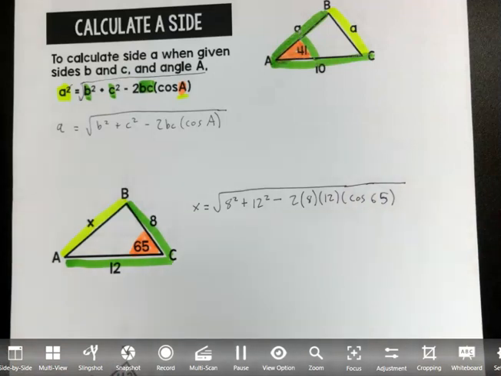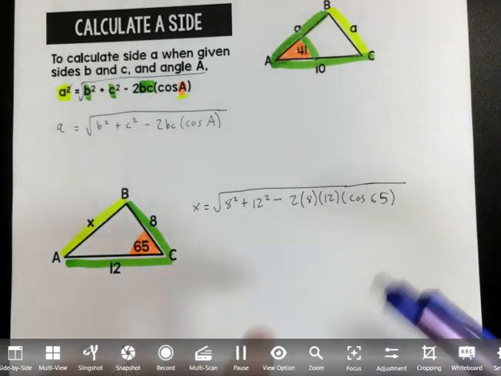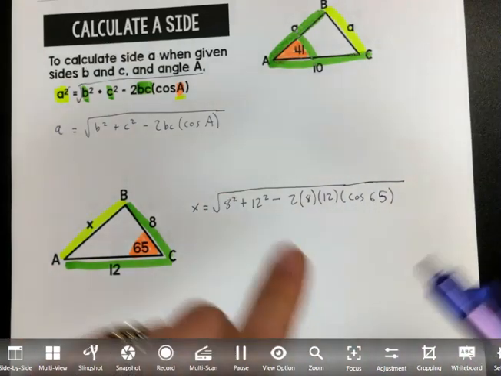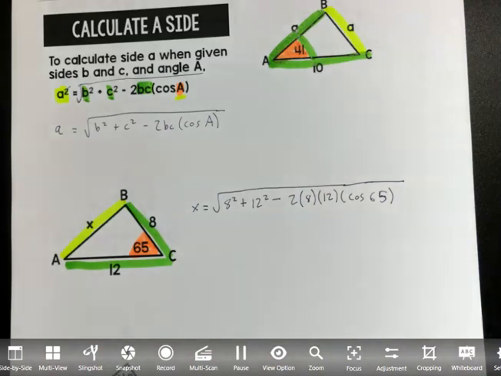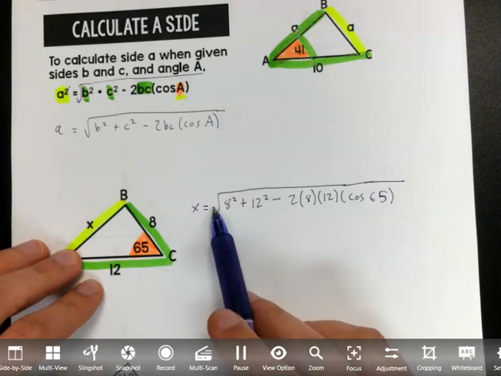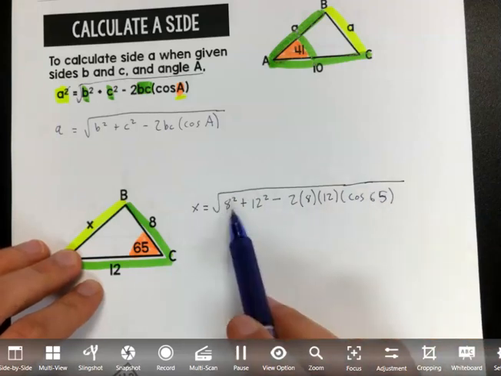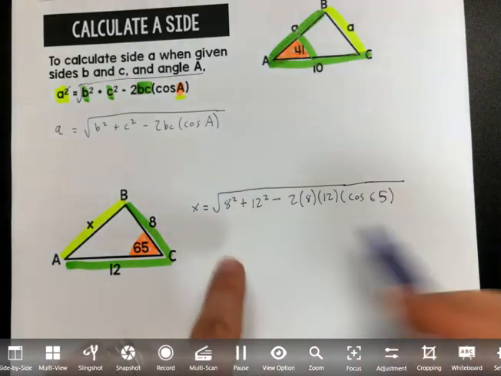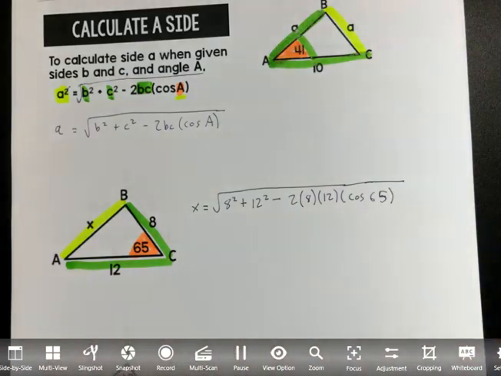And that's what I'm going to put into my calculator. Now, these calculators, you don't need to worry about putting all these brackets in that I put. I just put them in so you can see multiplication. You don't get confused and are like, hey, is that a decimal? All right. So really what you put into the calculator, you start with your square root, and then you put 8 squared, all that stuff. Okay? You can put it in exactly as you would verbally read it.